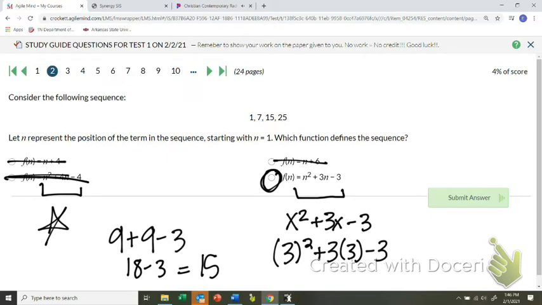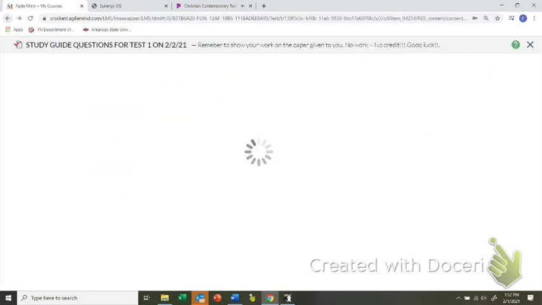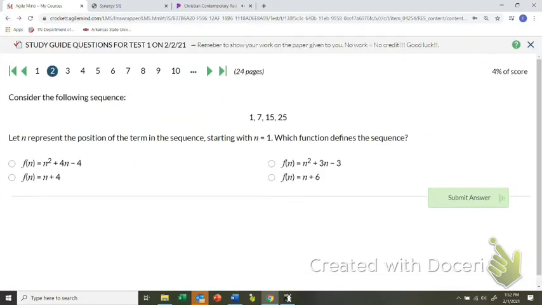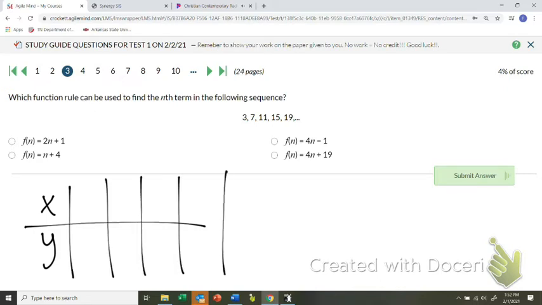All right. Number 3. Let's look at it. Okay, right here. Same thing. Let's make us a chart. Our Y values are what is listed.